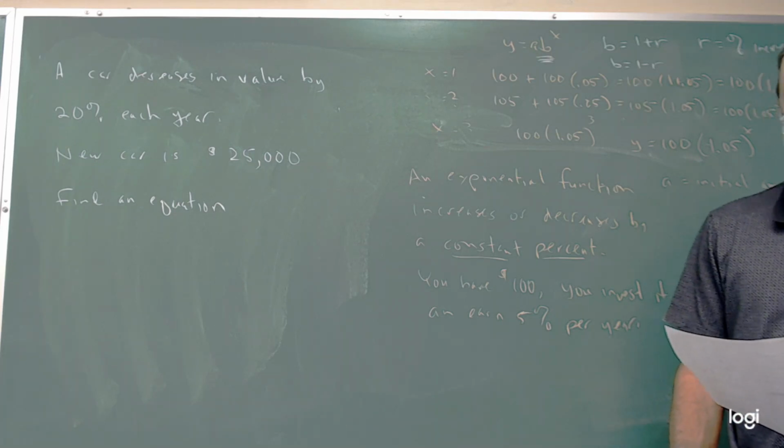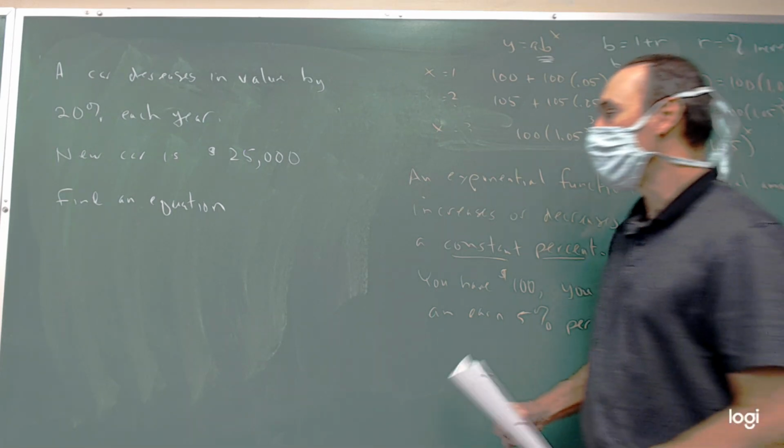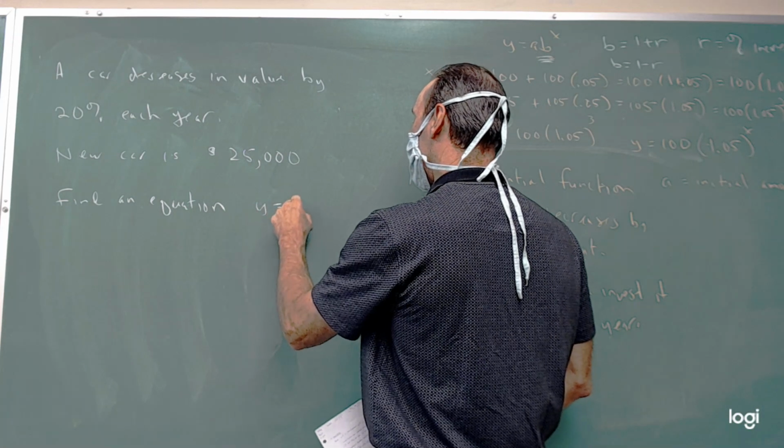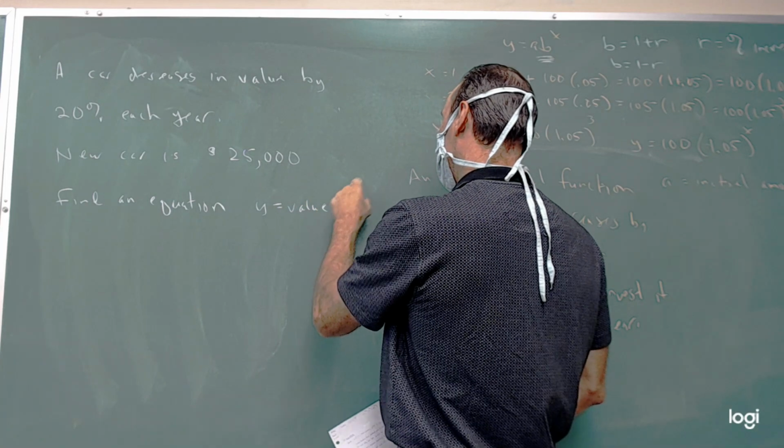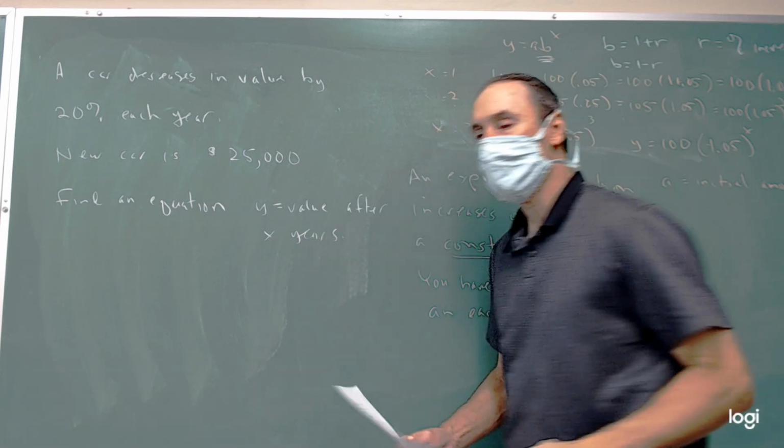X, okay, we'll use x's and y's where possible. So y is going to be the value of the car after x years. Okay, so see if you can come up with an equation.